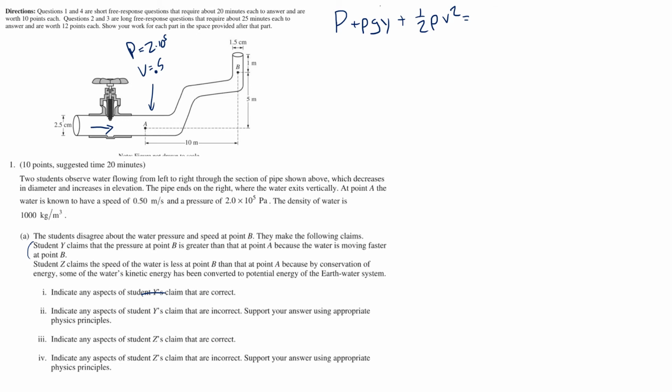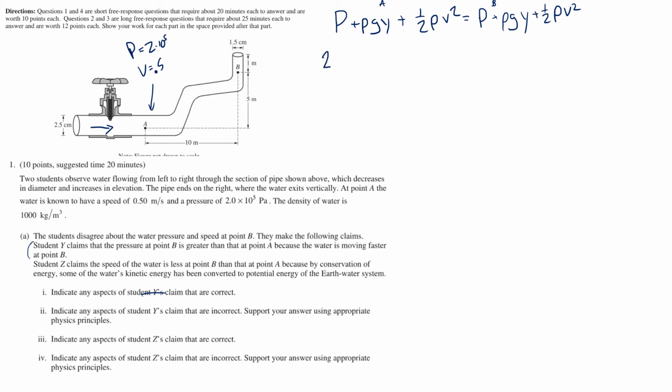This side we'll call A, and this side we'll call B, but they're going to look the same. P plus rho g y plus 1/2 rho v squared. All right, so we know a lot of these things here. We know everything about part A. So let's plug that in.